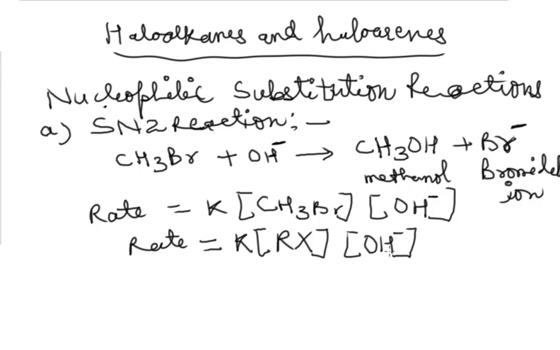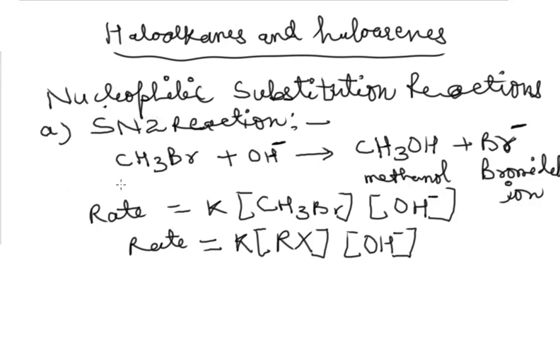Now in this reaction, two molecules take part in determining the rate of reaction. These two molecules, one is this one and another is this one, they take part in determining the rate of reaction. So it is termed as nucleophilic substitution bimolecular reaction.